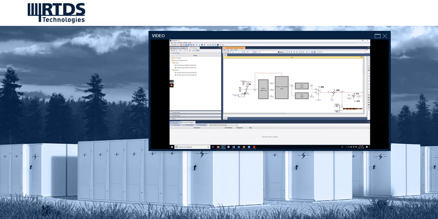The pump and turbine control regulates the water flow in generating and pumping mode by adjusting the gate position.